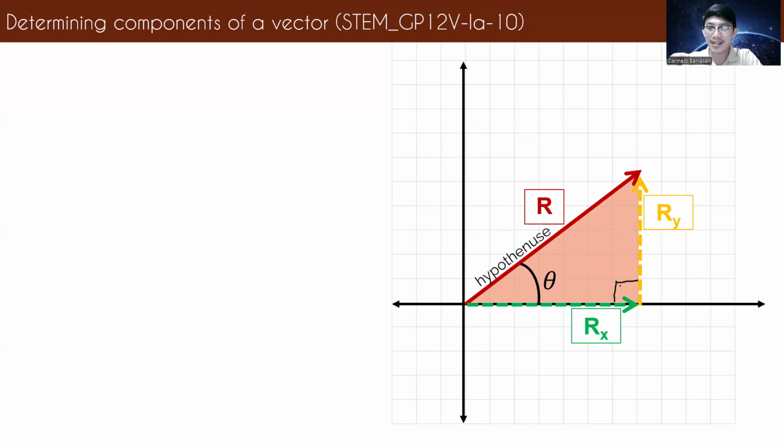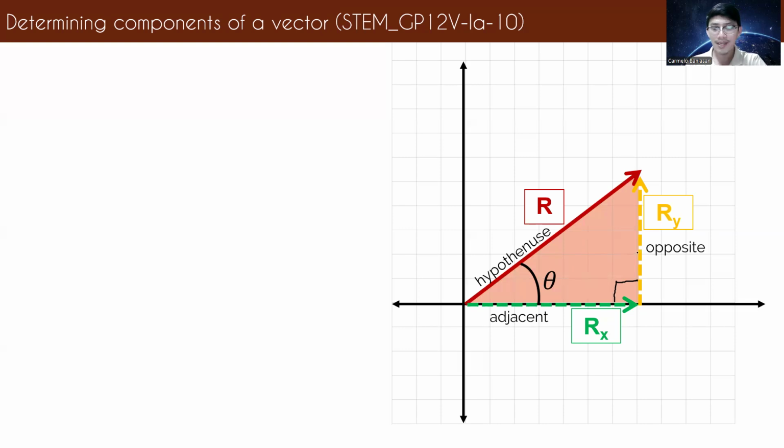We also have the adjacent side, meaning that is our reference angle, where our angle is being attached to. So that's the adjacent side. And we also have the opposite side. That is the side being faced by the angle.